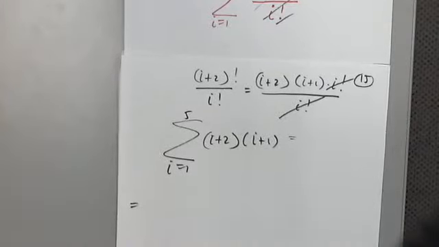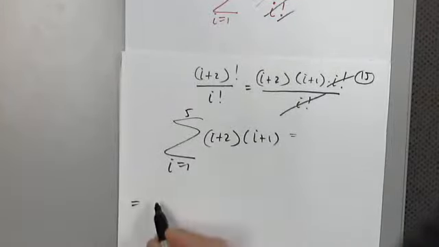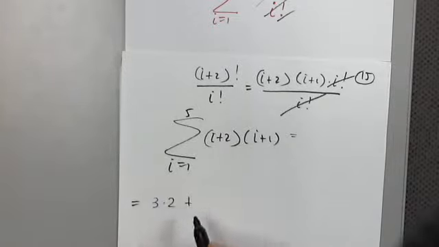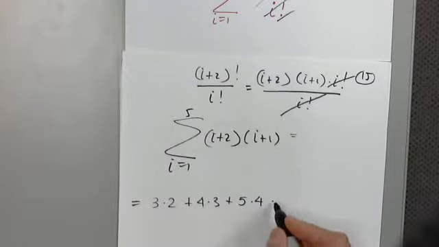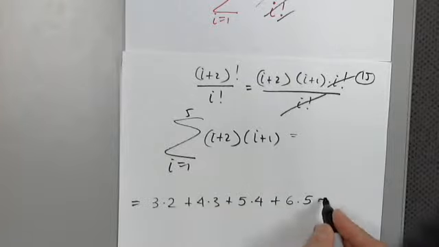First term, when i is 1. Just write it first wherever you want to see. 3 times 2 plus. When i is 2. Plus. When i is 3. Plus. When i is 4. And plus.